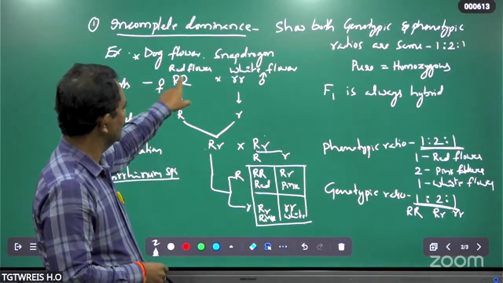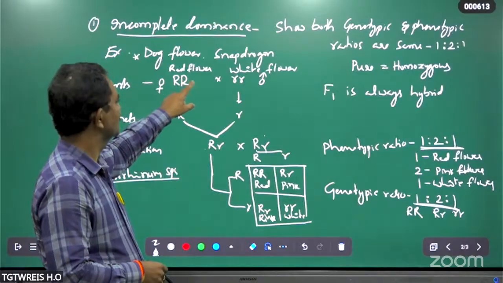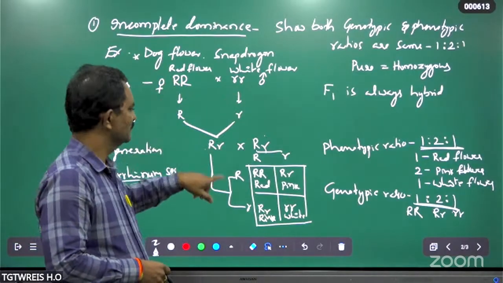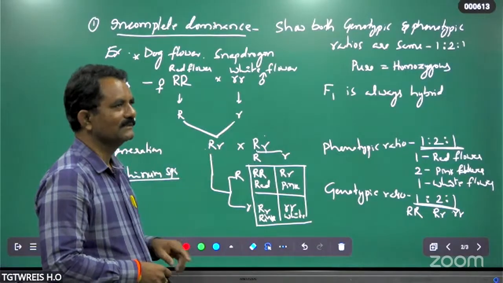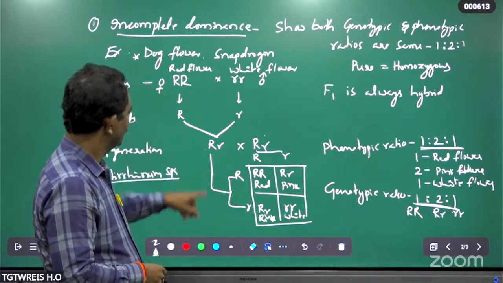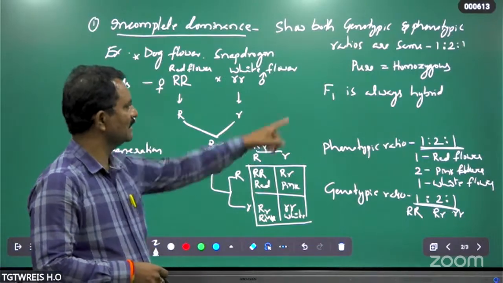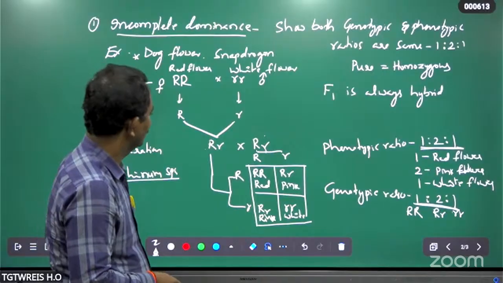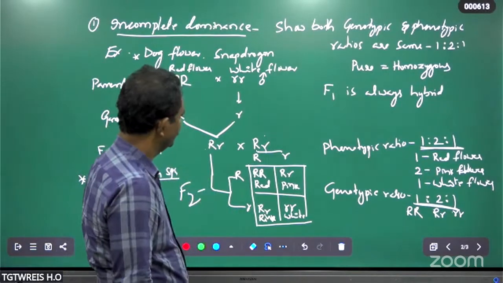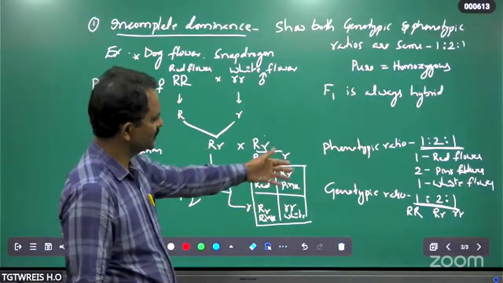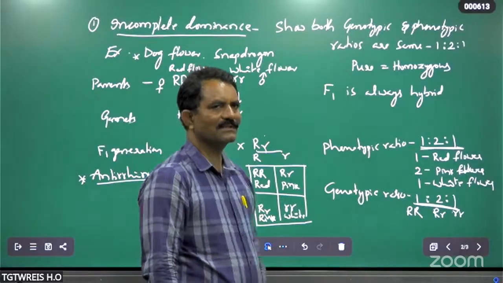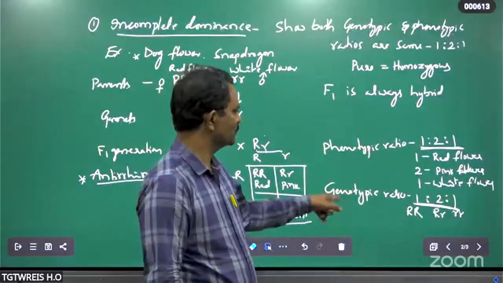Pink is not there in either parent. One is red, another one is white. But the F1 is pink. So that is the deviation of Mendel's law of dominance. That is self-crossed. Then we get the F2 generation. In F2 generation, the phenotypic ratio is 1:2:1, as well as the genotypic ratio is 1:2:1.